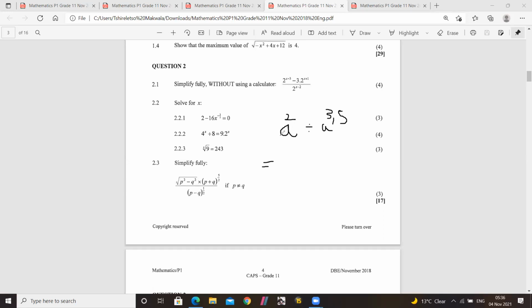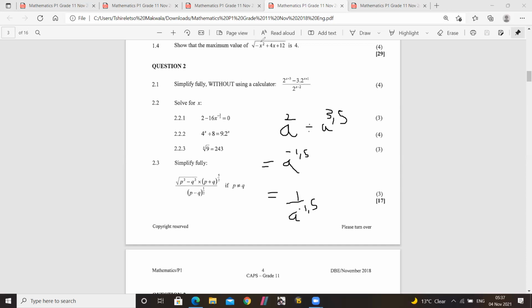The second one is if the bases are the same and you're dividing, you subtract the exponents. Because we are dividing, the base will remain the same, then we subtract the exponents. So 2 minus 3.5 is minus 1.5. So the answer is a to the power of negative 1.5, which is the same as 1 over a to the power of 1.5.